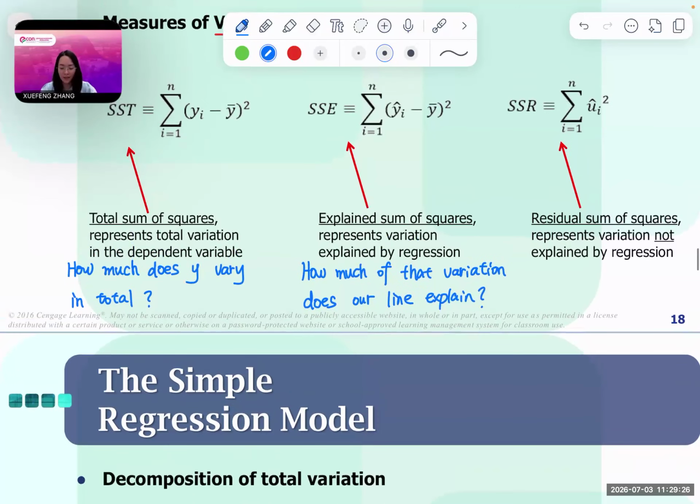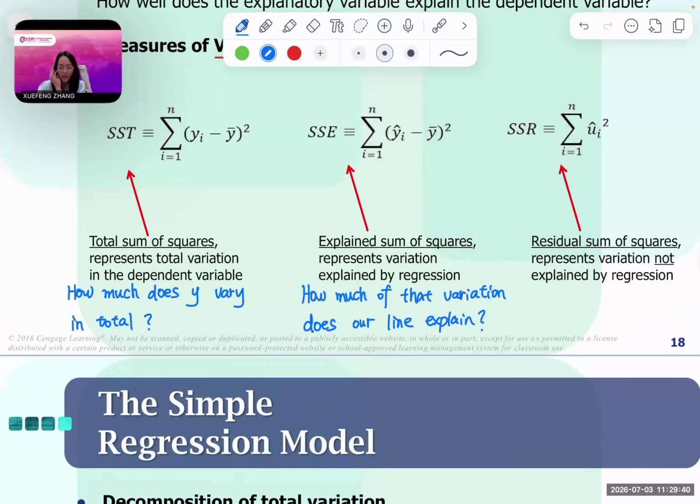This is SSE. You see here, this is Y i hat minus the average Y. It means how much of that variation does our line explain? The next one, SSR, means residual sum of squares, represents variation not explained by regression. So of course, it's related to our u i hat squared.